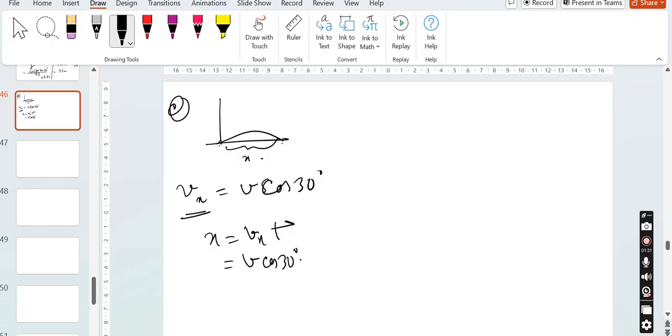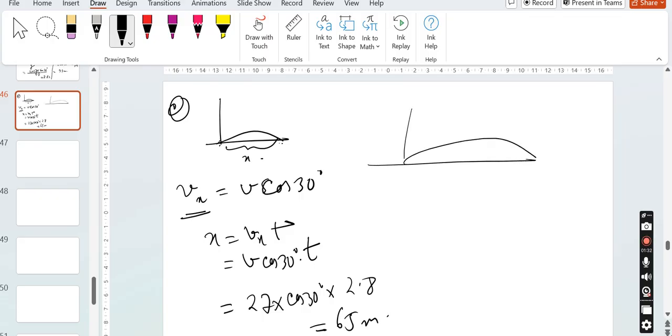It was asked how far it has traveled in the horizontal direction before it hit the ground, so we need to consider t as the whole hang time, which is 2.8 seconds. This is 27 cos 30 degree into 2.8 seconds, which gives us 65 meters. So the ball flew 65 meters away and the highest point was 9.3 meters.